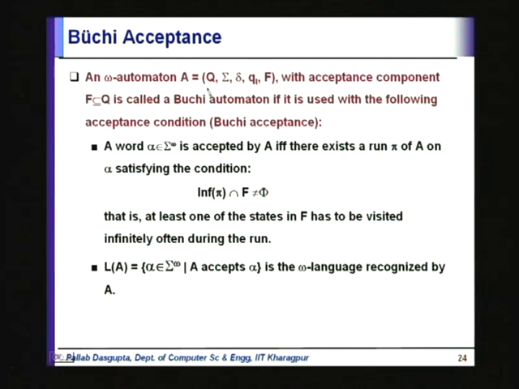When you give alpha as the input to this automaton, it is going to trace some path pi. INF pi is the set of states which are occurring infinitely often in that. That intersection with F should be non-empty. Is that alright? So that is the definition of the Büchi acceptance condition.